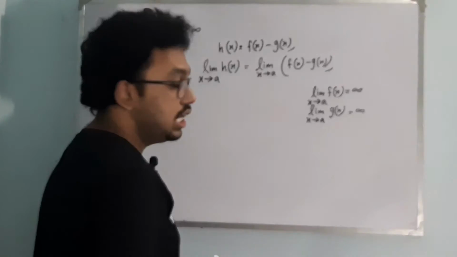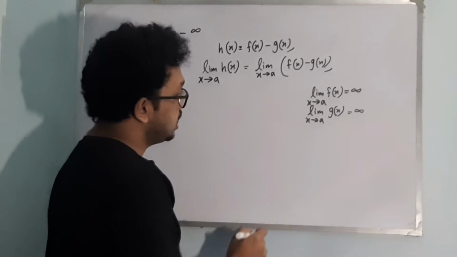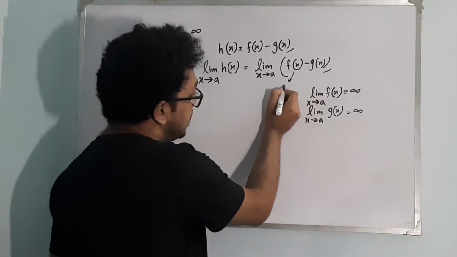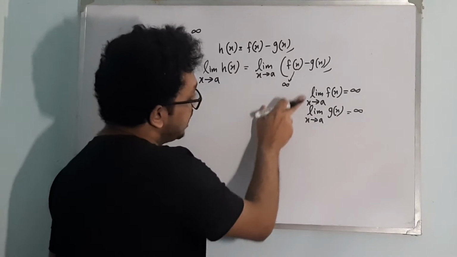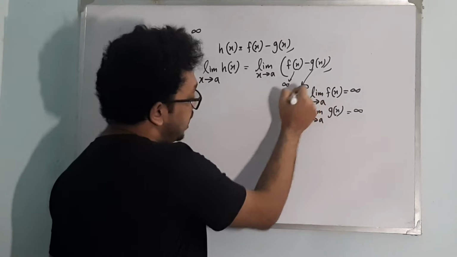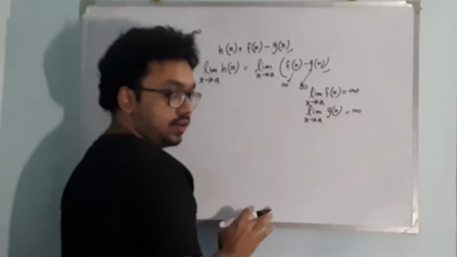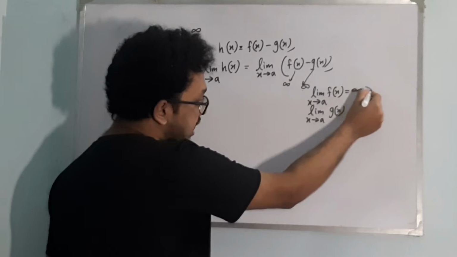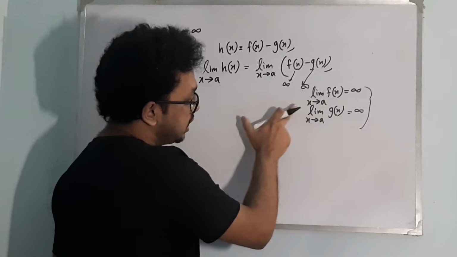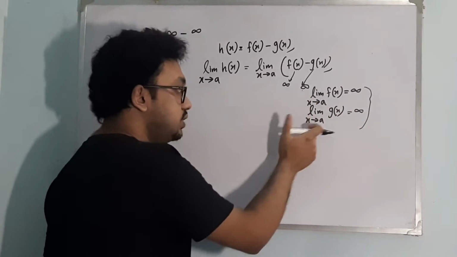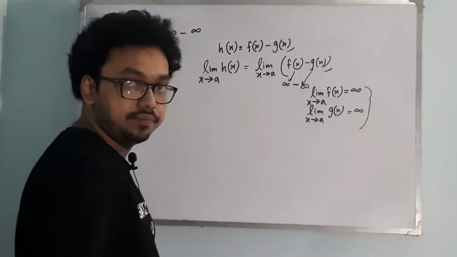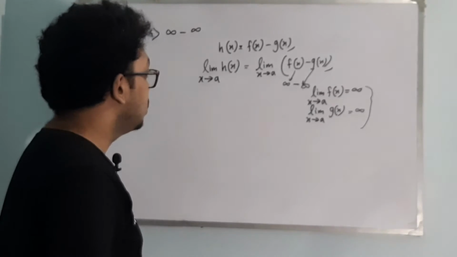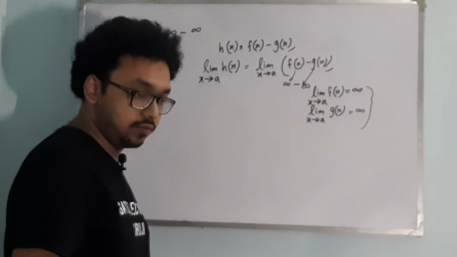In that case this limit is said to be in the infinite minus infinite form, because f(x) is tending towards infinity and g(x) is also tending towards infinity. When these two conditions are satisfied, I will have an infinite minus infinite form. I hope you understand what is meant by the infinite minus infinite form.